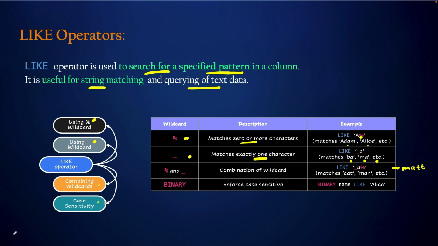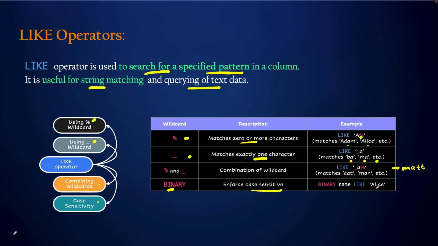Now, MySQL is by default case insensitive. If you want to make it case sensitive, then you need to use the BINARY keyword, and this BINARY keyword enforces case sensitivity.